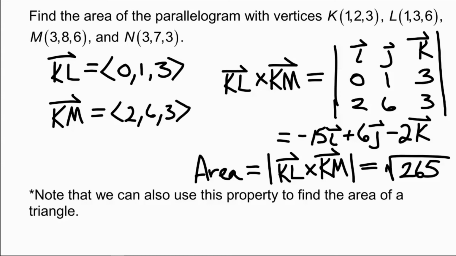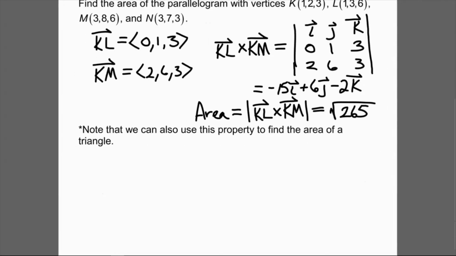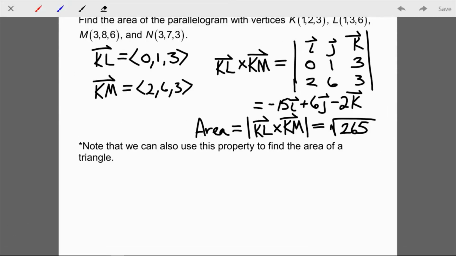So why is this the magnitude of the vector? What does this have to do with the area of the parallelogram? Well, if you think about some vector A and some vector B, let's say this is vector B and this is vector A. What I'm really trying to do here is create a parallelogram, right?